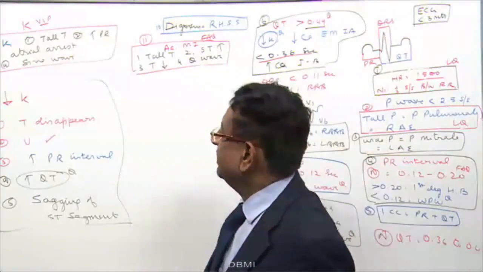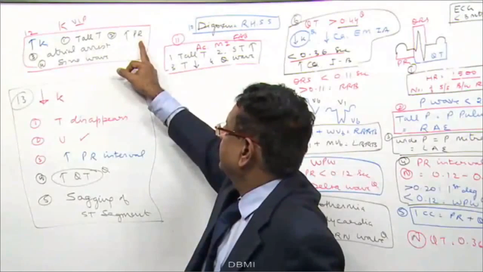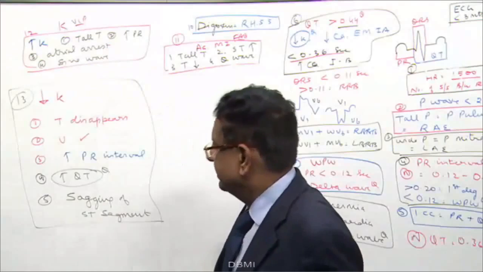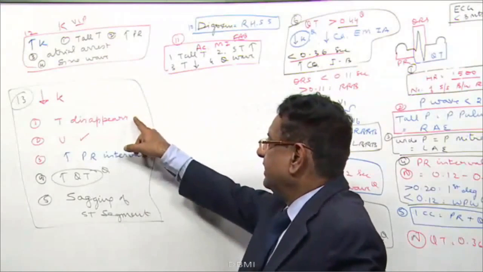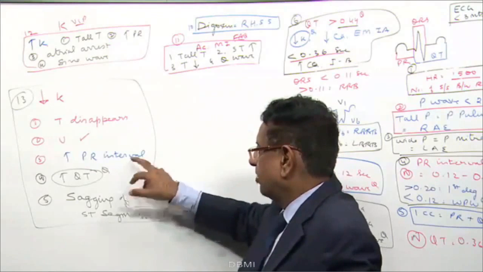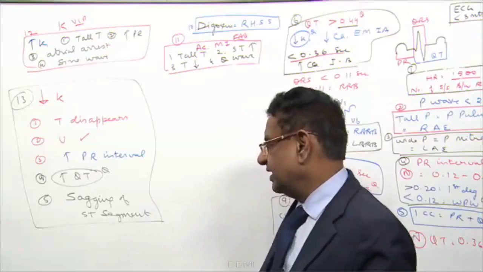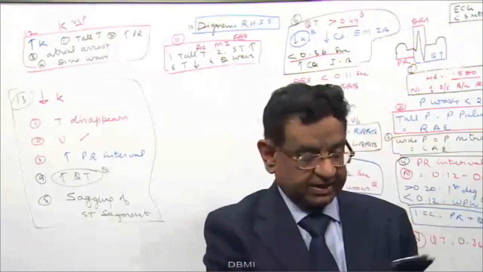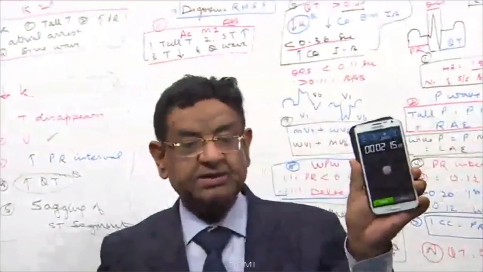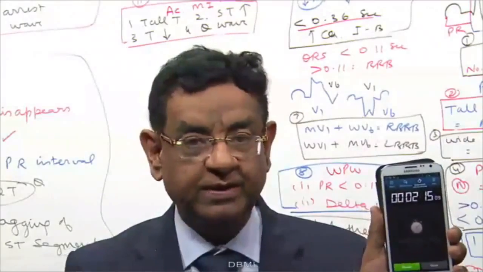In hyperkalemia, tall T wave, a long PR, atrial arrest, sine wave. In hypokalemia, T disappears, U appears, prolonged PR, most prolonged QT, and sagging of the ST segment. Stop. Friends, it is just 2 minutes and 15 seconds only.